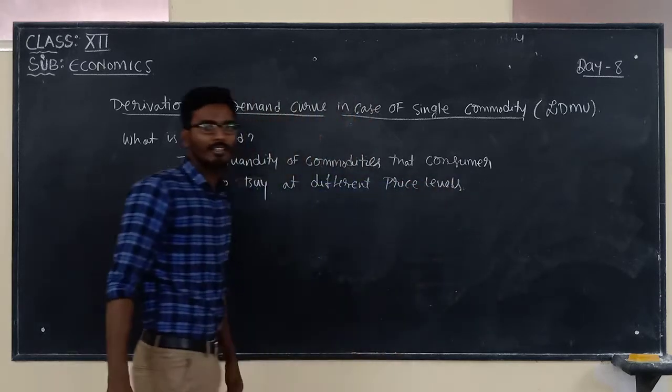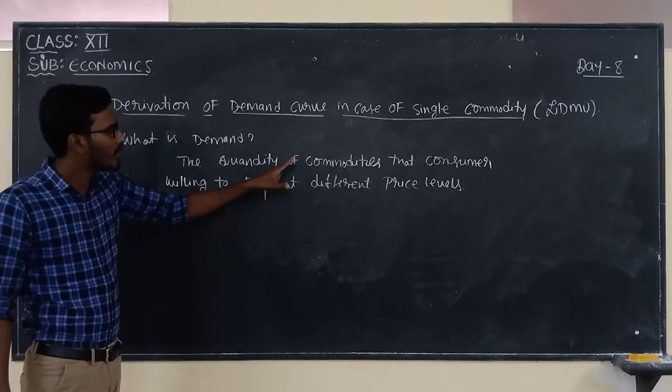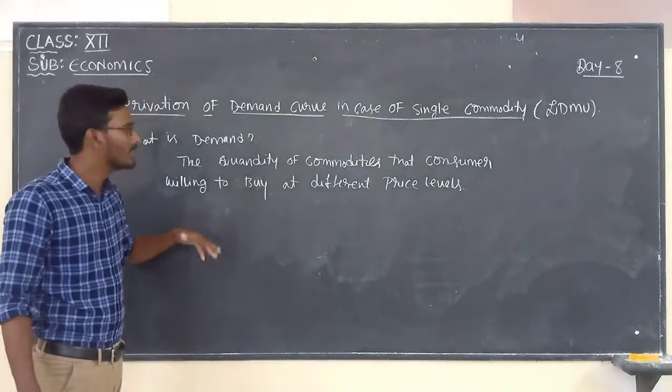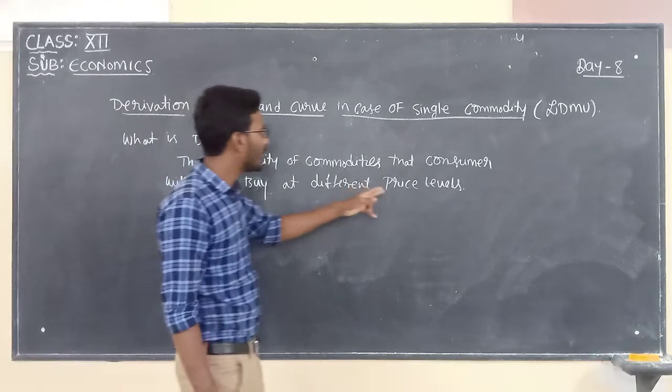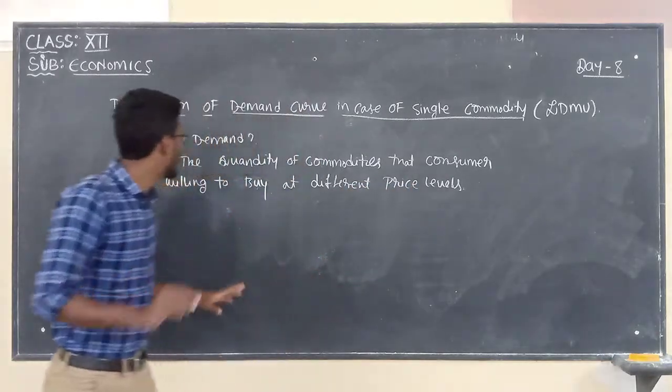I hope you are clear with this definition. The quantity of commodities that a consumer is willing to buy at different price levels, that is known as demand.